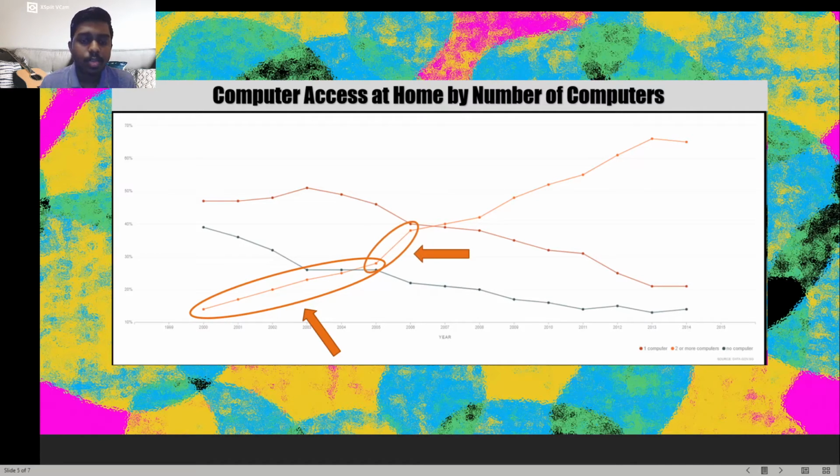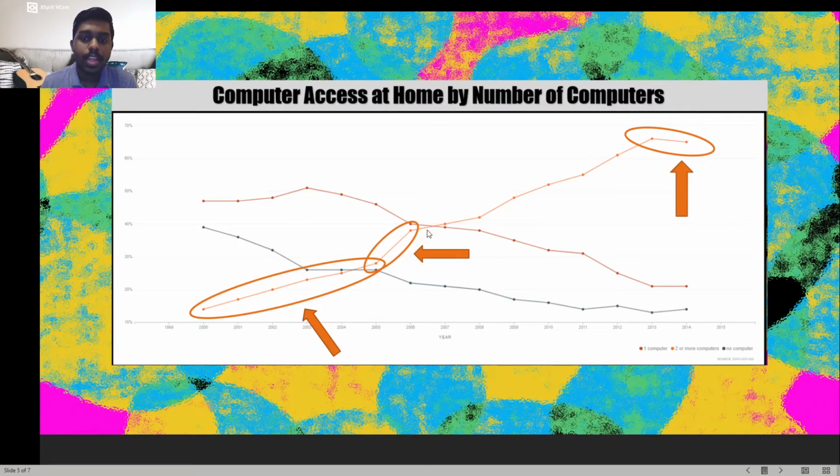So the next movement is from 2005 to 2006, in which computer access at home by two or more computers has been increasing rapidly from 28% to 38%, because it's a rapid increase from 2005 to 2006.